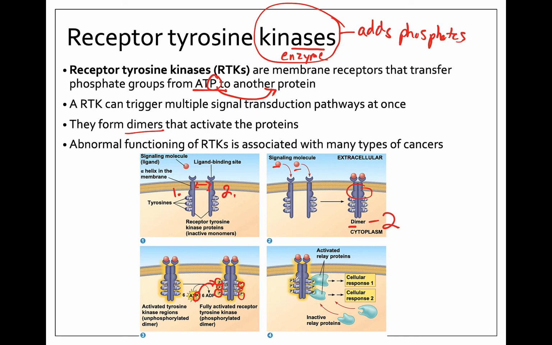And now that the tyrosines have their phosphates, their shape has been changed, and it's able to go ahead and activate some kind of cellular response. And so in this image, you're seeing that it's got one pathway that's going to go this way, and another pathway that's going to go that way, and probably end up with 2 different cellular responses to this one signal. If these receptors are misfunctioning or they're mutated, these can often be associated with different types of cancers and cell cycle regulation.